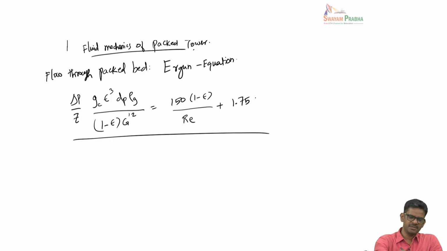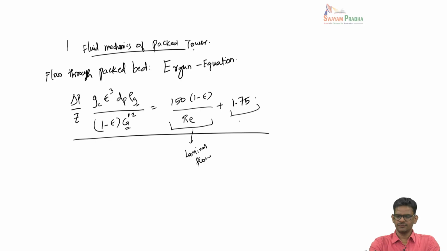Delta P is the pressure drop, Z is the length of the packed bed, epsilon here is the porosity, dP is the diameter of the packing material, and rho g is the density of the gas. This G prime here is the gas velocity, the gas flow rate, or the fluid flow rate. On the right hand side you have two terms. This term is dominant when you have a laminar flow, and this term is used for turbulent flow.